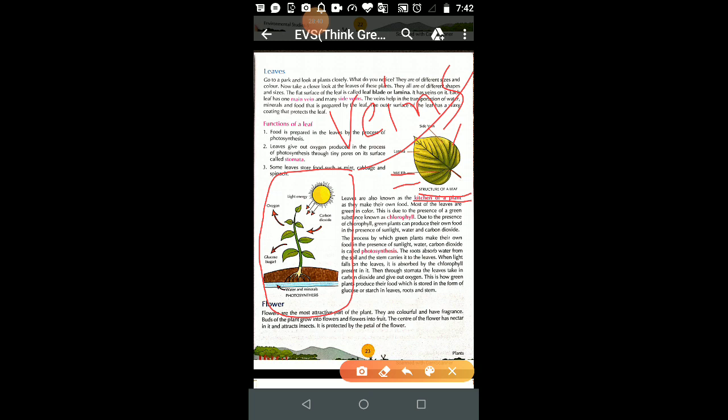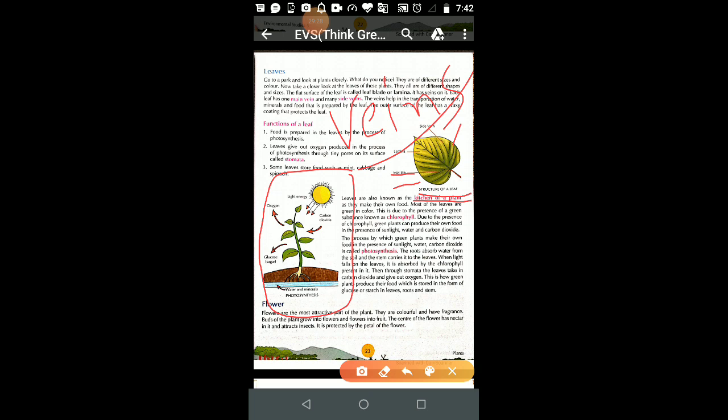And when animals or human beings breathe out, the gas which they breathe out is carbon dioxide. This gas is utilized by the plant in the process of photosynthesis. So plants are getting carbon dioxide from animals and human beings.